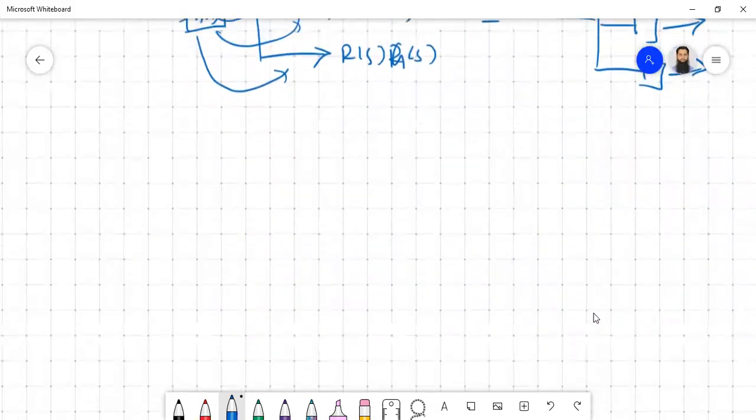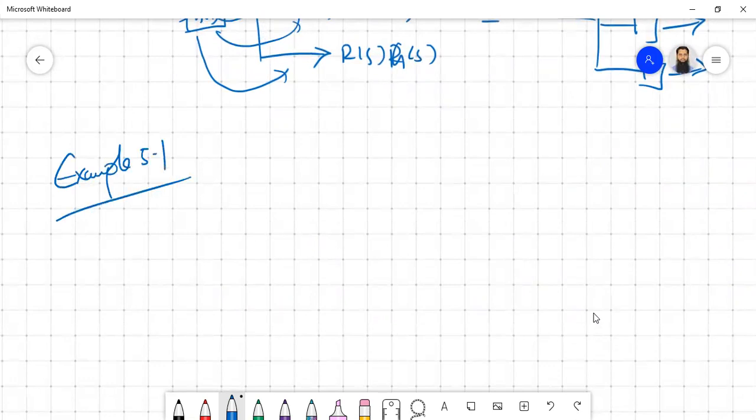So let us try with one example. Example 5.1. In example 5.1, I'll be trying to go a bit slow so that you can catch the ideas that are inherently given here.